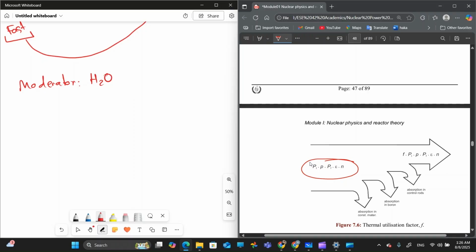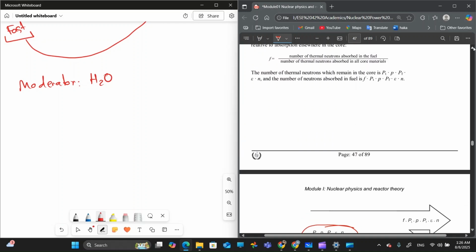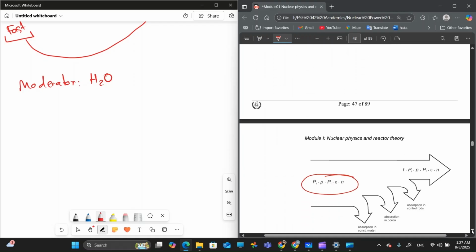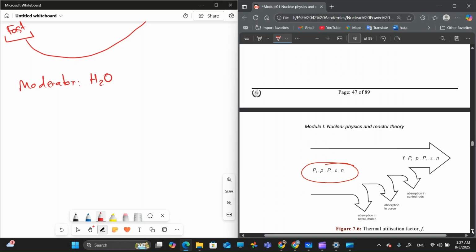But unfortunately, in the core, we have some other materials other than fuel. So that can be other things like mentioned here: construction materials, water, boron dissolved in water, control rods, etc. So you need only the neutrons that are absorbed by the fuel, and the neutrons that are absorbed by the other materials are out of our consideration.